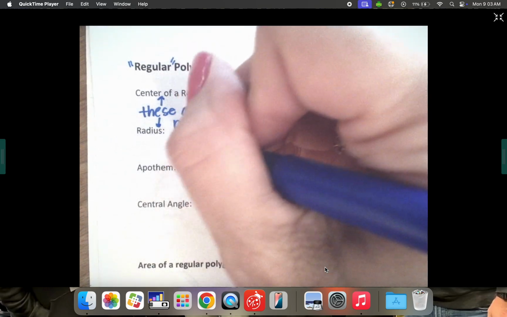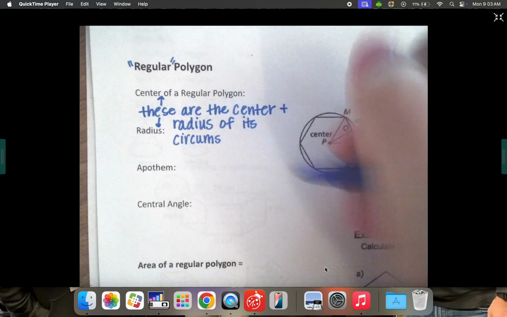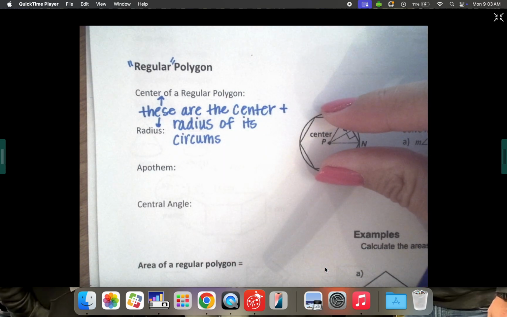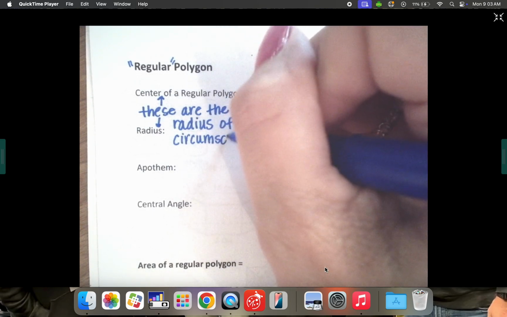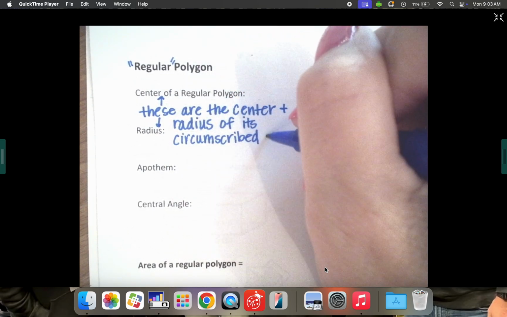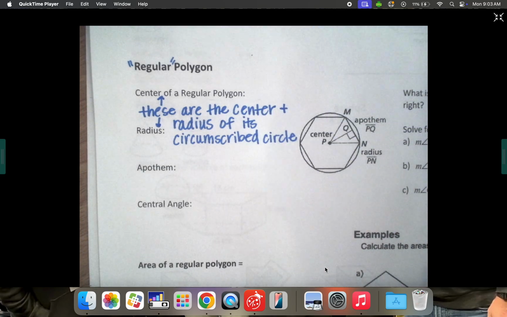The word circumscribed means inside of a circle. So we're going to start looking at circles, but polygons within the circle.